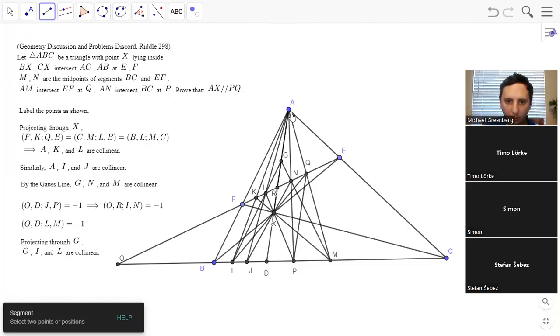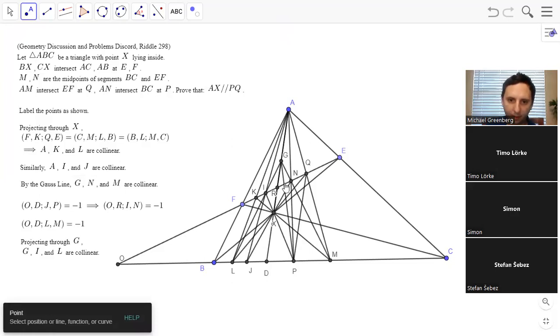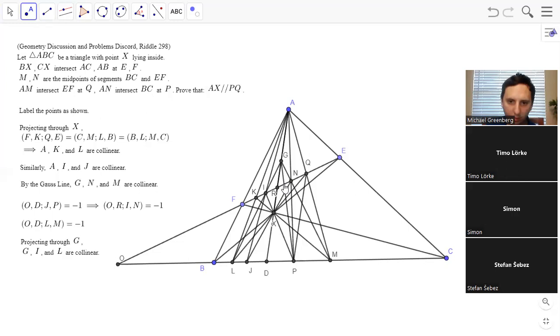So A, G, X, infinity. So yeah, basically you have this point and you want to show that QSNI is harmonic.